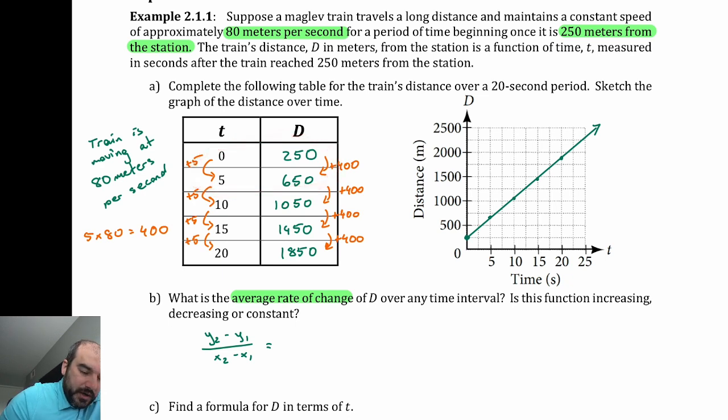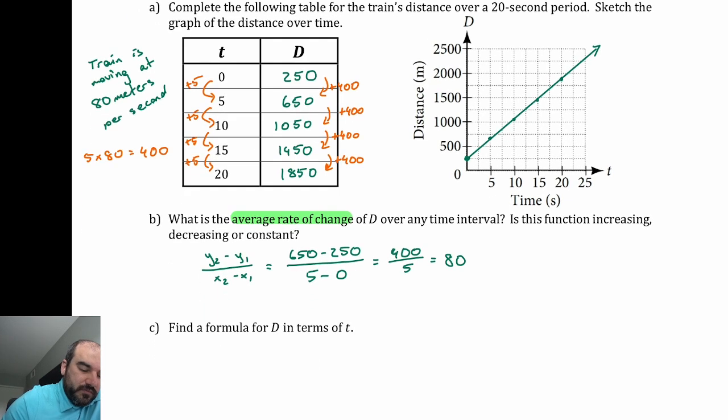So I'm going to do 650 minus 250 divided by 5 minus 0, because I just picked the first 2 points here, x1, x2, y1, y2, and that gives us 400 over 5, which is 80. So that's our average rate of change of d, 80, which makes sense because the train is traveling 80 meters per second.